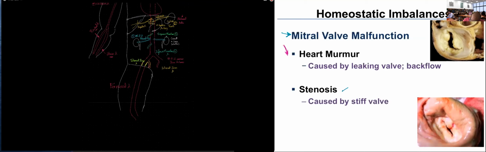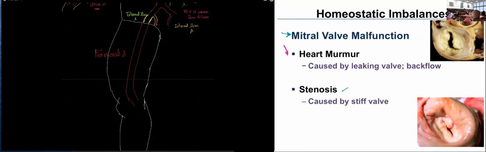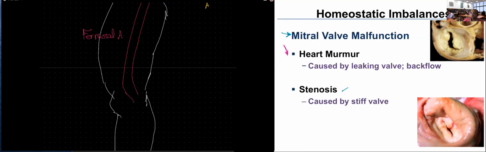and will keep traveling down and backwards until it reaches the posterior aspect here of the knee. If you remember something related to the posterior aspect of the knee, what do we call this region in the body? Popliteal.